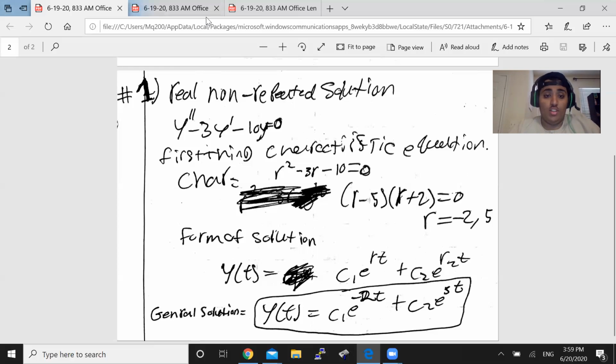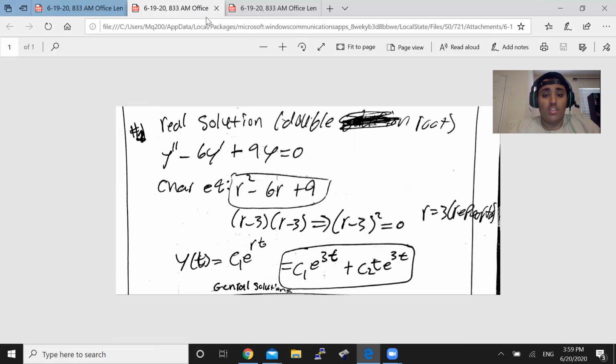Now we're going to see another example, which is a double root. We have y double prime minus 6y prime plus 9y equals 0. Again, we find the characteristic equation: r squared minus 6r plus 9 equals 0.